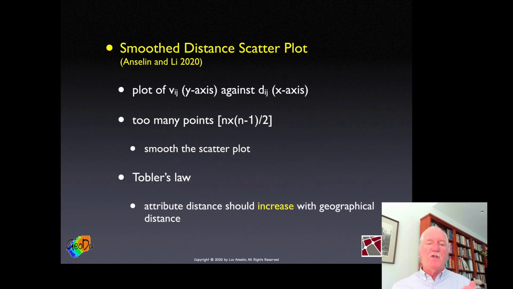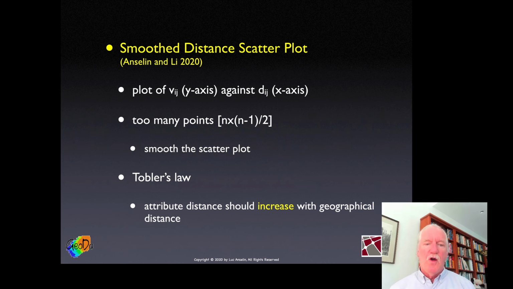And obviously what we would expect is that the distance in attribute space, because there's a dissimilarity, increases with the distance in geographical space. That is what Tobler's law would suggest.